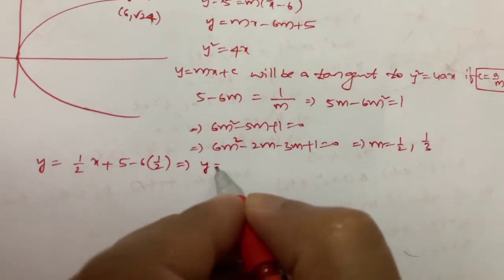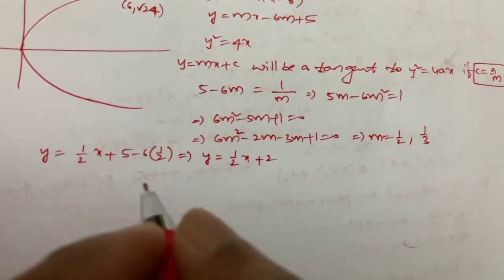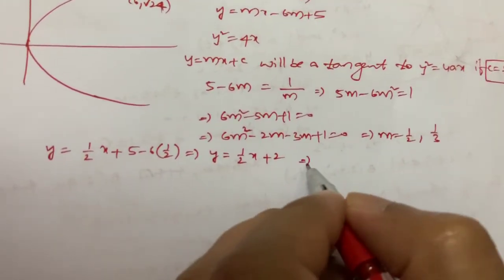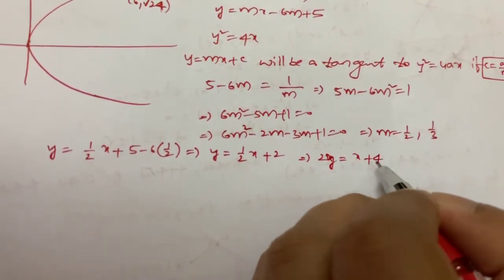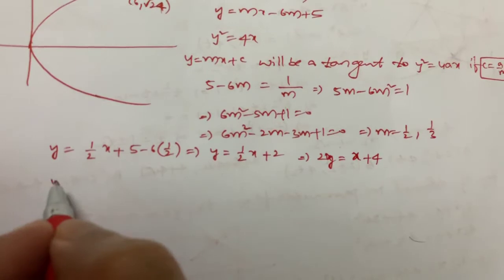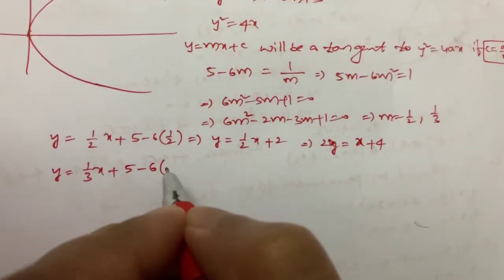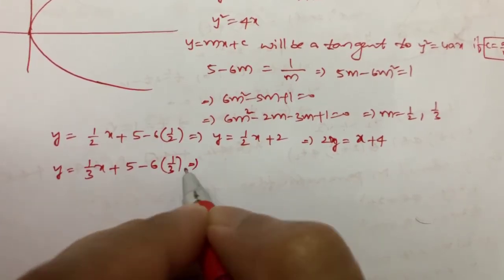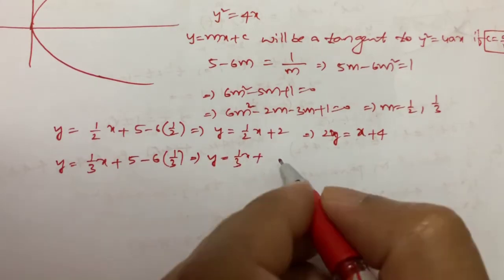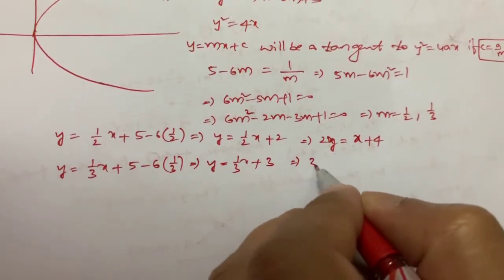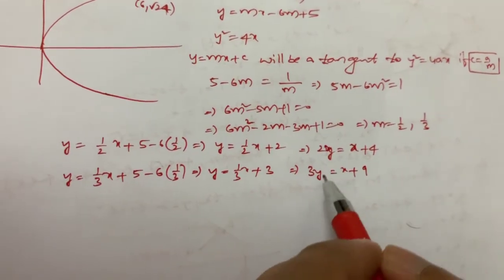So y is equal to half x plus 5 minus 3, so 2y is equal to x plus 4. Another tangent is y equal to 1 by 3 x plus 5 minus 6 into 1 by 3. So y equal to 1 by 3 x plus 5 minus 2, so 3y is equal to x plus 9. So these are the two tangent equations.